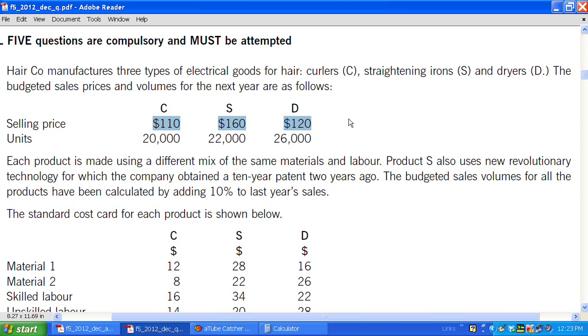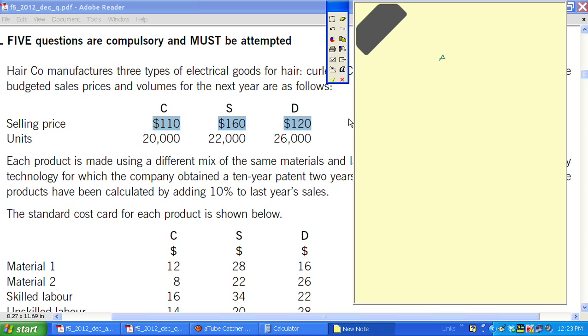At sales equal to 0, the profit is always equal to the fixed costs.